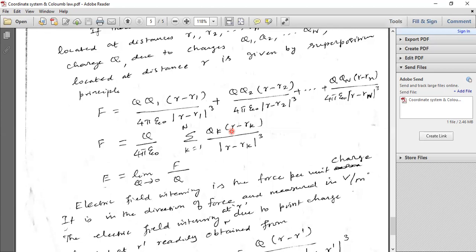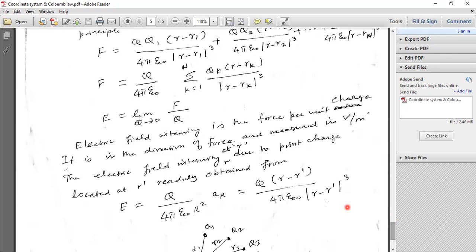What is the force on this 1 coulomb of charge due to the other charges? That gives the electric field intensity at that point due to the charges. This is the definition for electric field intensity, and it is measured in the unit volt per meter.